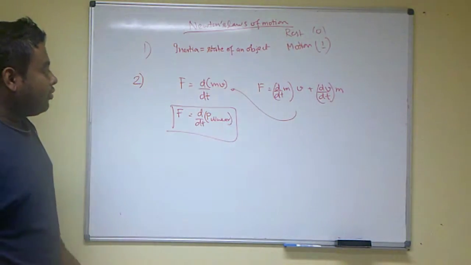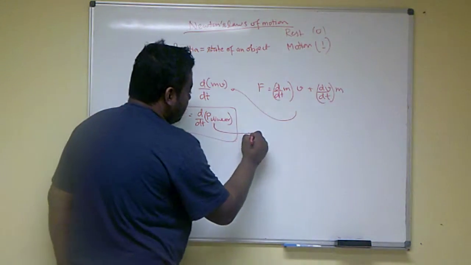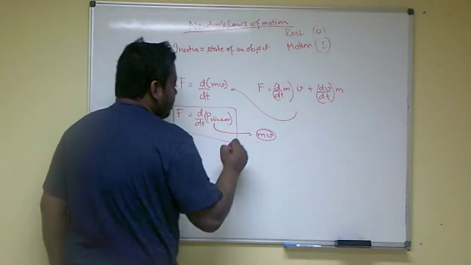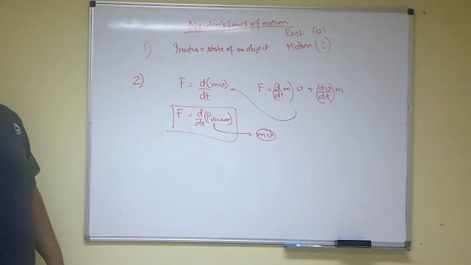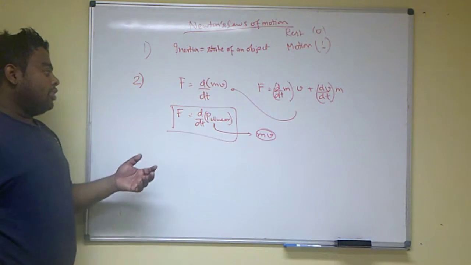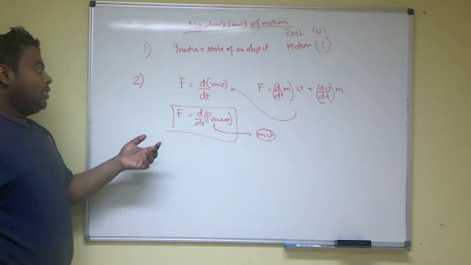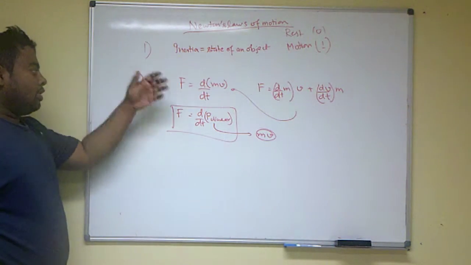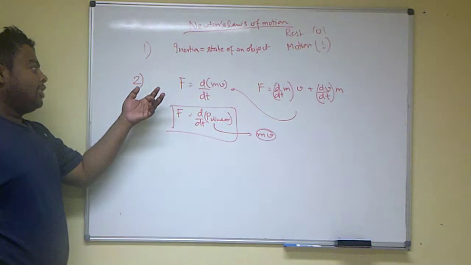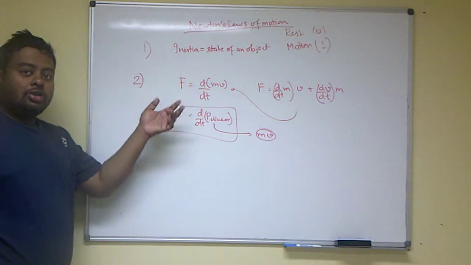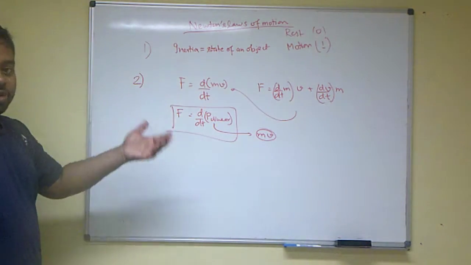And how do you define linear momentum? You define linear momentum as mass times velocity. So if there is an external force in the picture, it is going to change the linear momentum. Then that force could be envisioned as the rate of change of linear momentum of that body.